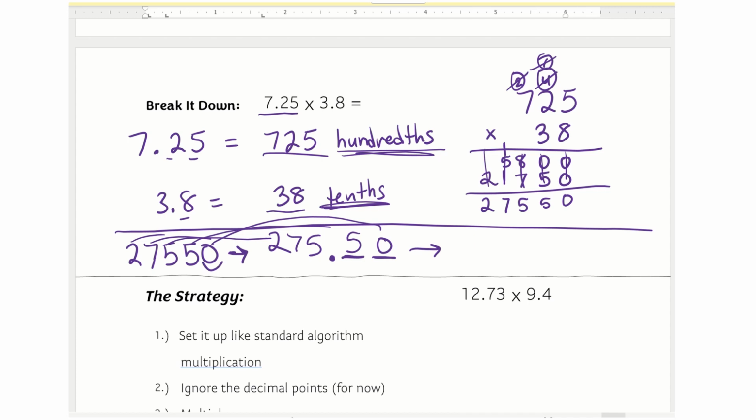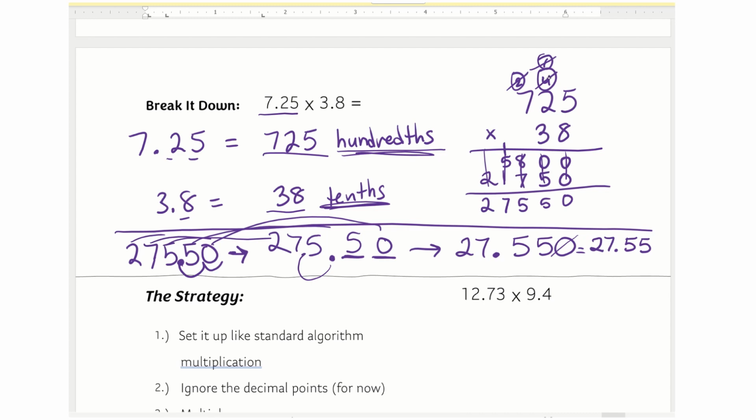This one I moved my decimal point 2 places to turn it into hundredths. And since tenths are just one more place value jump, I'm going to move my decimal point one more place, which leaves me with 27.550. So that's 27 and 550 thousandths, or I can remember that the 0 is not really doing anything, so I could rewrite it as 27 and 55 hundredths.